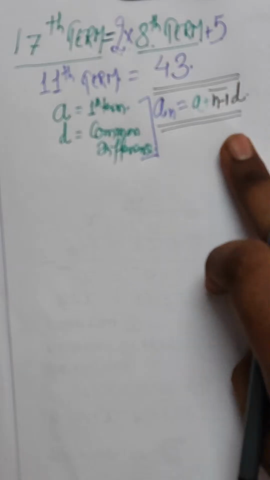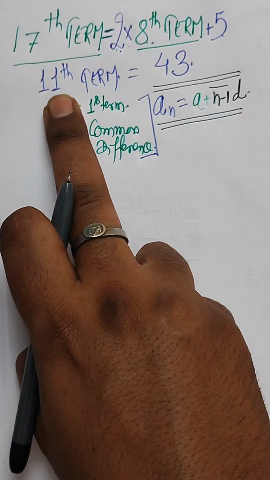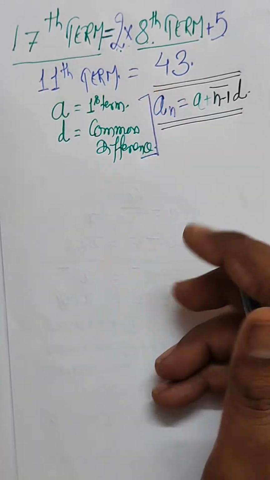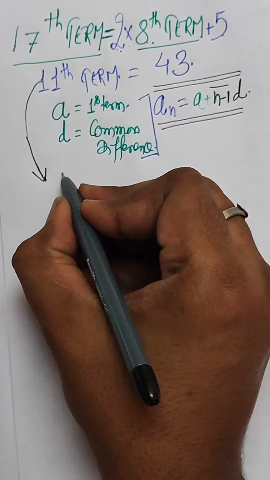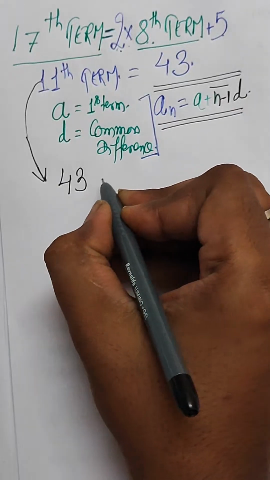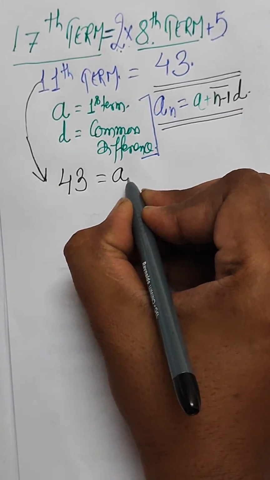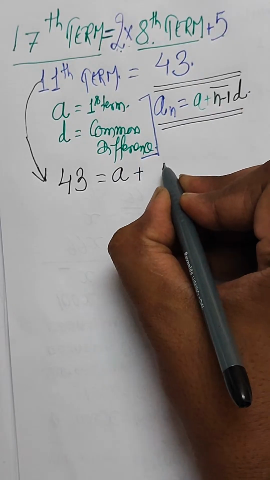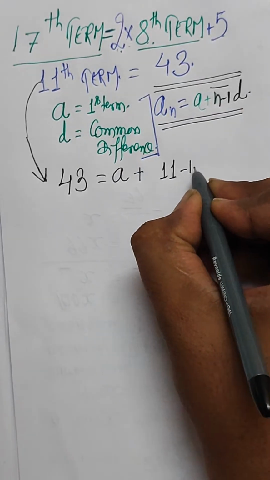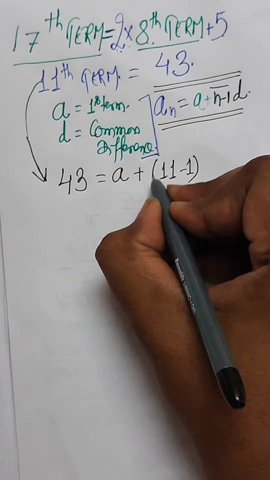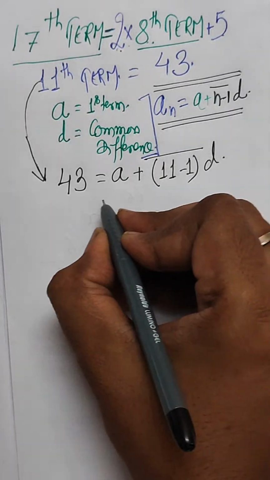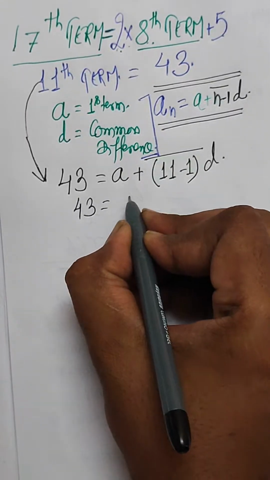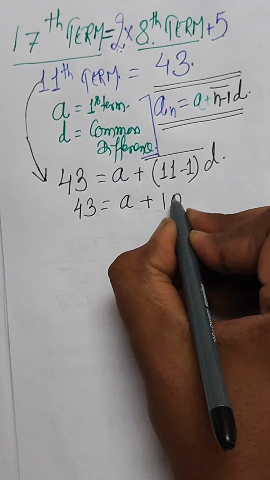So we will be using the same formula to find a relation for the 11th term. Since the 11th term is 43, we can write it as A plus (n minus 1), that will be 11 minus 1, because the value of n will be 11 for the 11th term, into D. And this will give you 43 equal to A plus 10D.